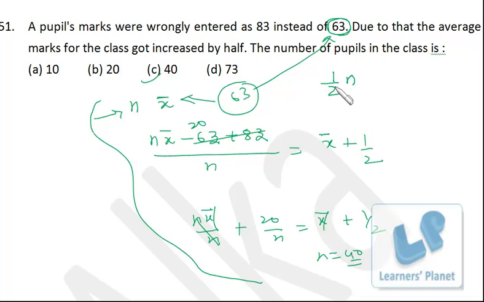Okay, listen to me again very carefully. Deviation is half. Since it is a positive deviation, I am taking it as a positive half, right? So total number of students is n, so total deviation is n into half, and actually total deviation is 20, right? So n by 2 is 20, that means n is equal to 40.